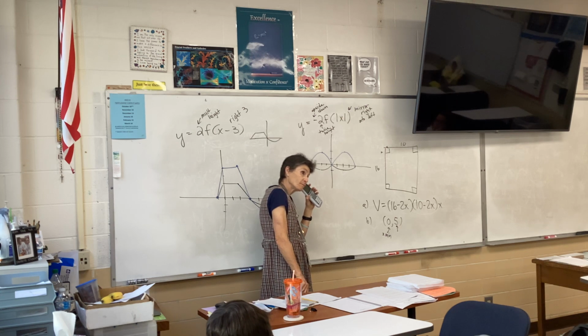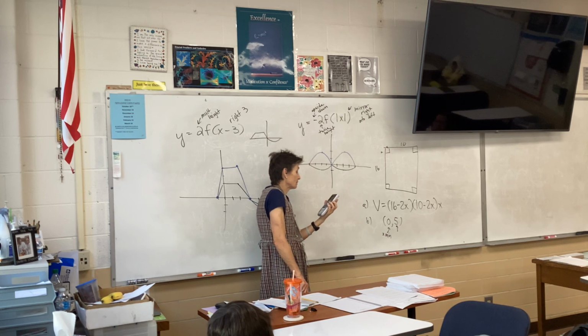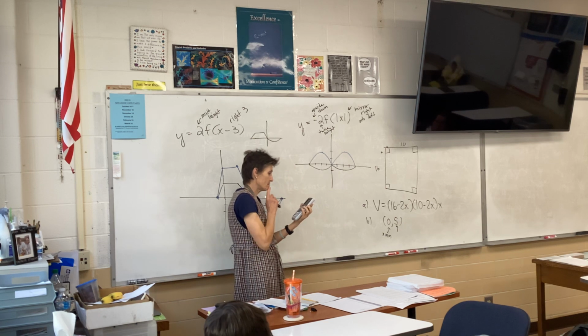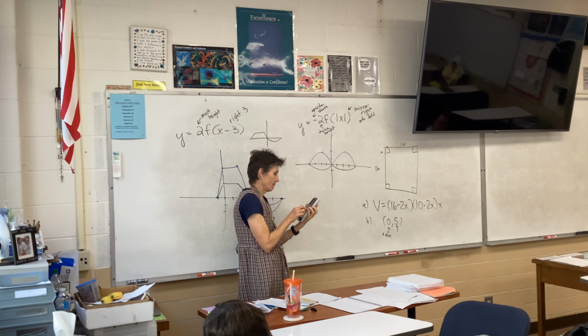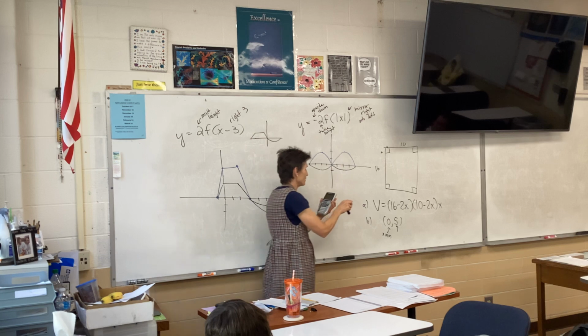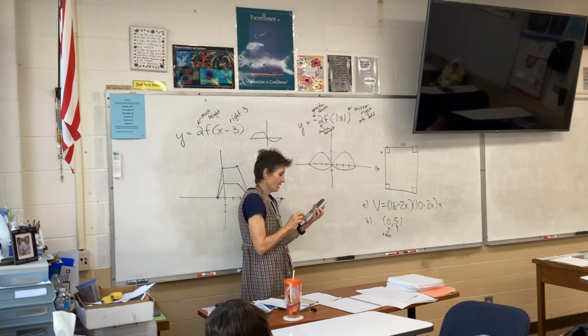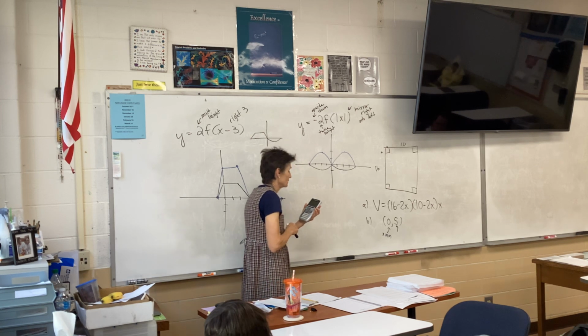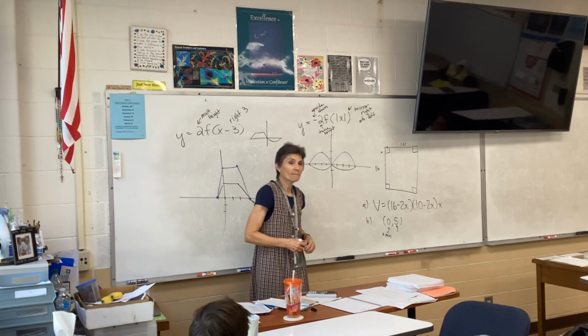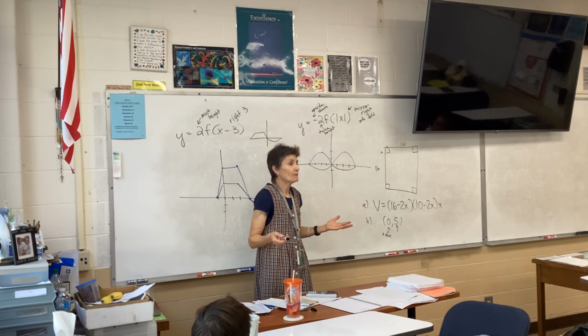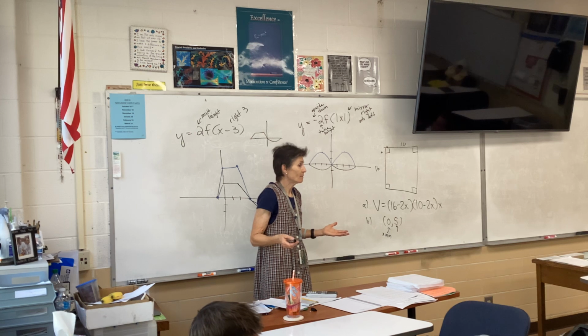Was 100 big enough? Yeah, you need to make sure you type in the new equation. 100's not big enough, but 200 is. When we talk about being big enough, what do we mean? Can we see the top of the hill, right?